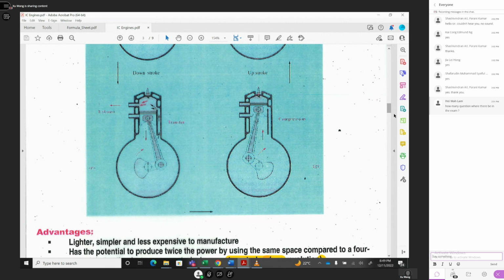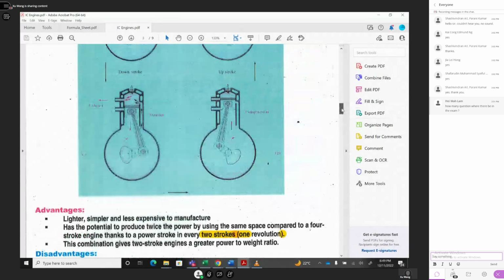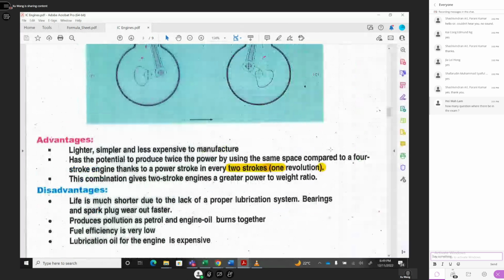The advantages of the two-stroke engine are that it is lighter and simple, less expensive to manufacture, and has the potential to produce twice the power using the same space compared with the four-stroke engine. Why? Because in a two-stroke engine, one revolution has one ignition, and in a four-stroke engine, two revolutions have one power stroke.